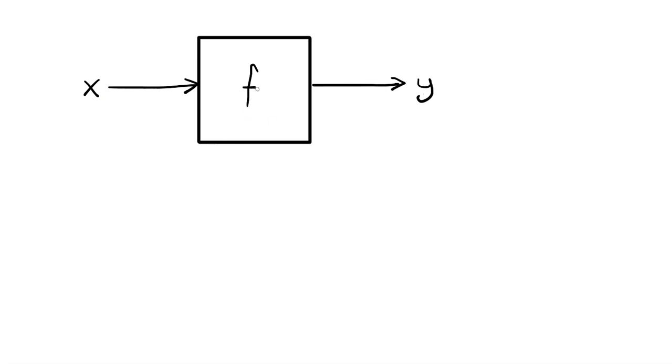For example, a real world example could be a coffee machine, where you can choose what type of coffee you want. Then x will be the button you press on the coffee machine, and y will be the type of coffee you will get out. So for example, if you press button number 1, then y could be ordinary coffee, or you can say black coffee.